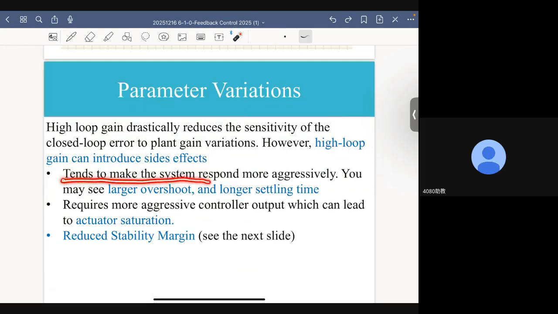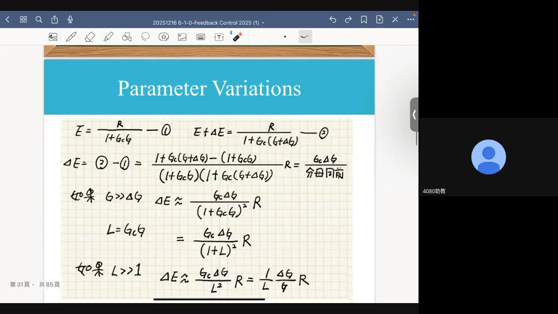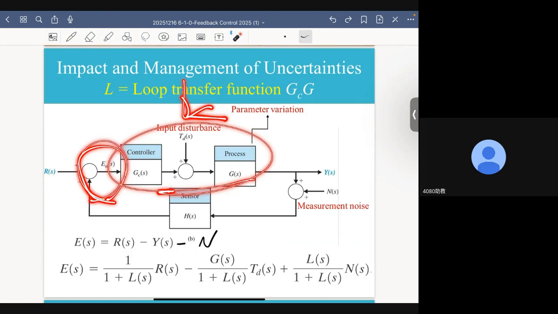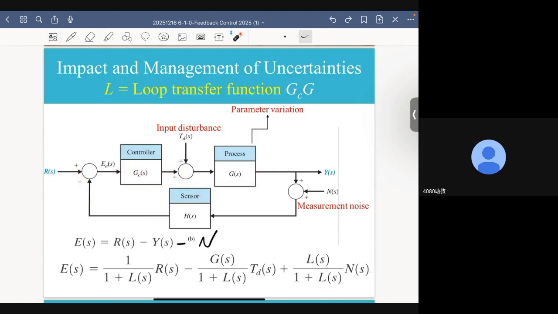Increasing L tends to make the system respond more aggressively, right? Okay, because as I said, L is here, and it will multiply the output to generate the final output.